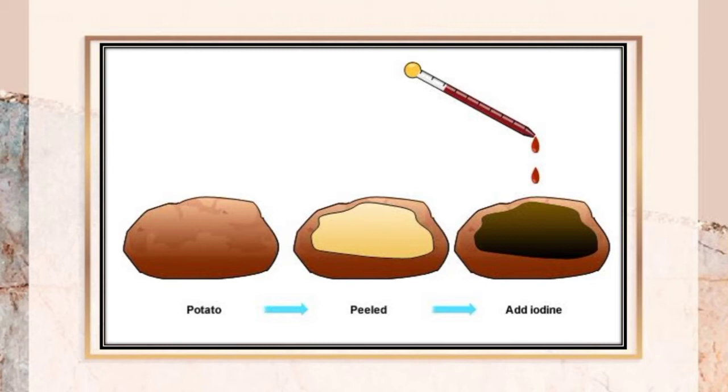Second step, put a few drops of iodine solution onto the cut side. Then observation: observe that the iodine solution turns the color of the potato bluish black. Conclusion: this shows that potato has a lot of starch stored in it.